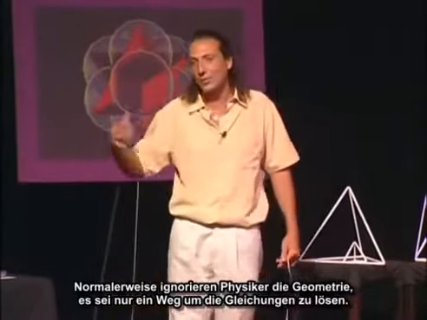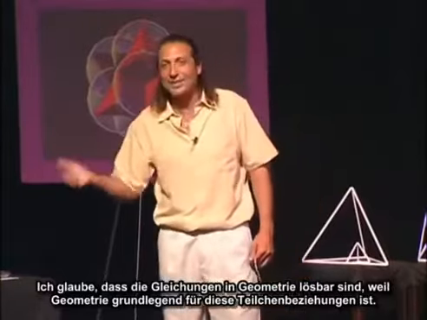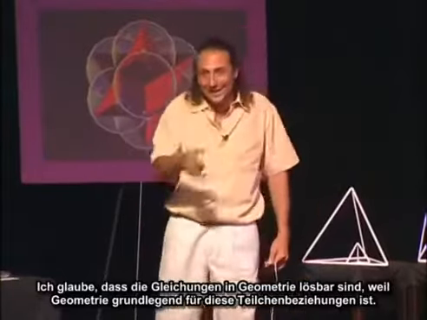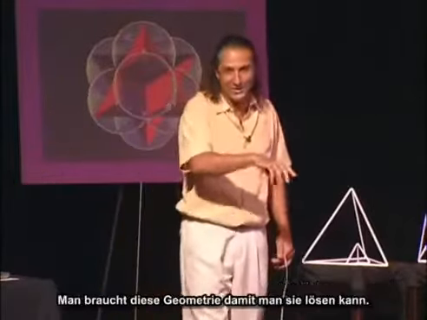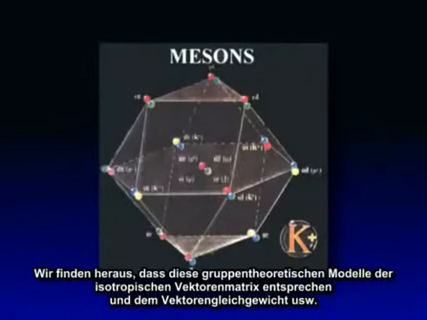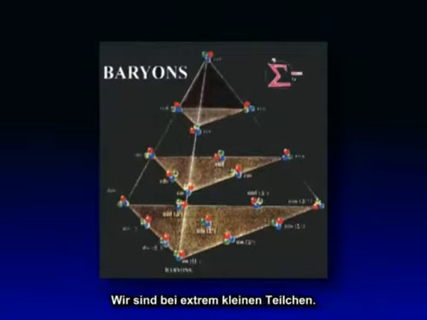They say, no, that's just a way to solve the equation. I believe that the equation is solvable in geometry because the geometry is fundamental to these particles' interaction. You have to have that geometry to be able to solve it. And, you know, we find that these interacting group theoretical models match the isotropic vector matrix, the vector equilibrium, and so on. So now we're at the extremely, extremely small.